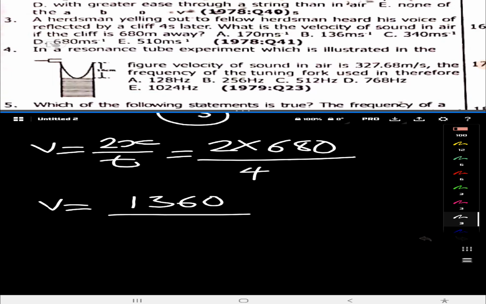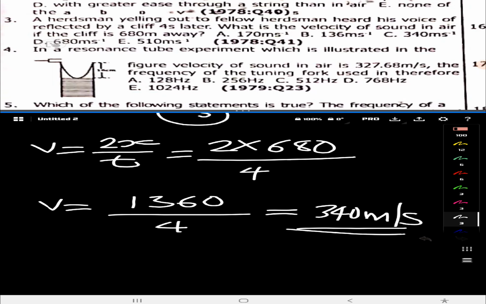If you divide this by 4, the final answer will be 340 meters per second, which is option C.